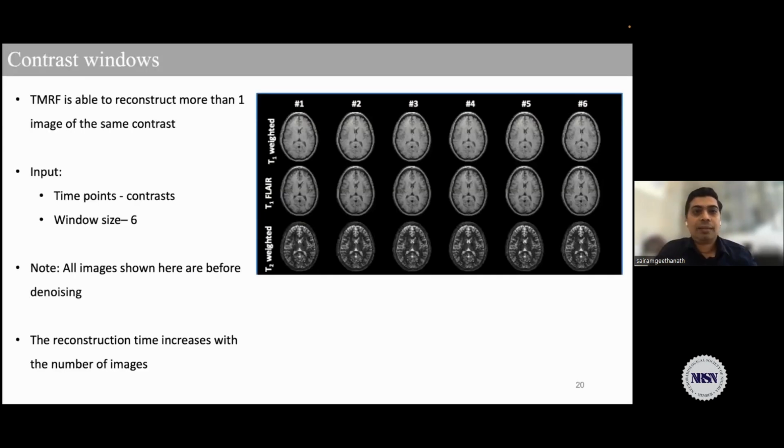So here is a representation of a single volunteer still, looking at three different contrasts of T2, T1 FLAIR, and T1 weighted, all acquired simultaneously from one sequence, about 5.5 minutes. And you can see that we can vary the window size, which is 6 here.